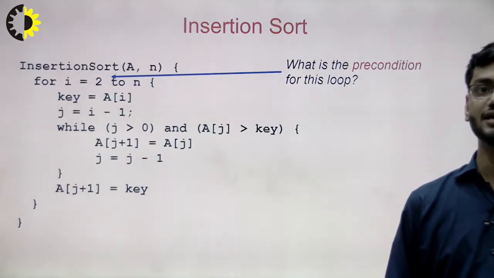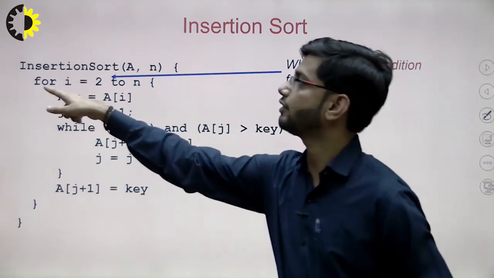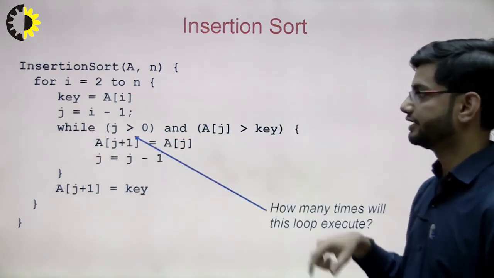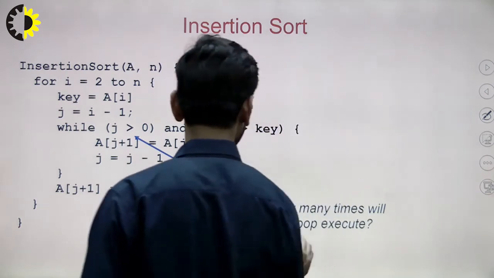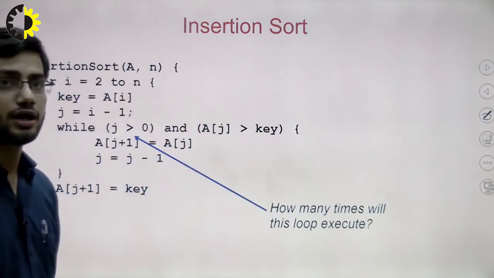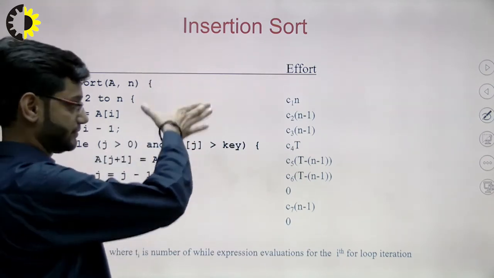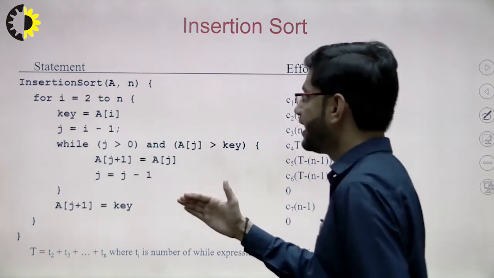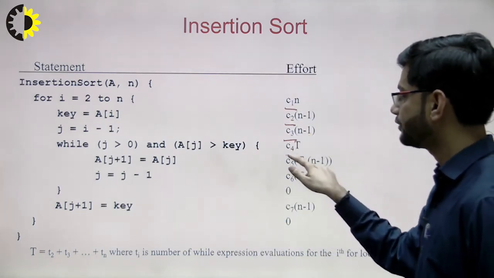Now what is the analysis of insertion sort? The analysis depends on this for loop and on this while condition, how many times this while loop will execute. For example, this is the line of code of insertion sort, and I have associated a cost with each line of code.